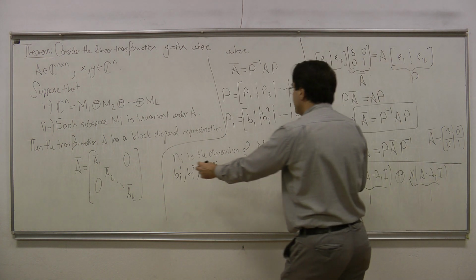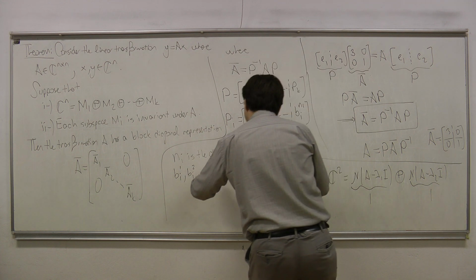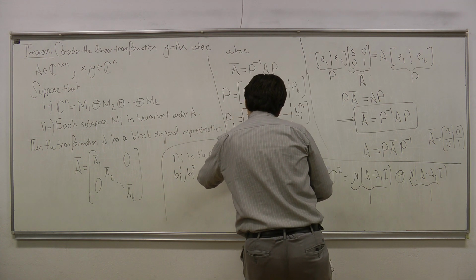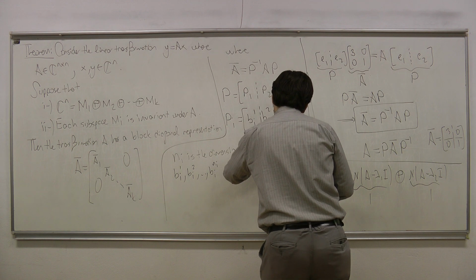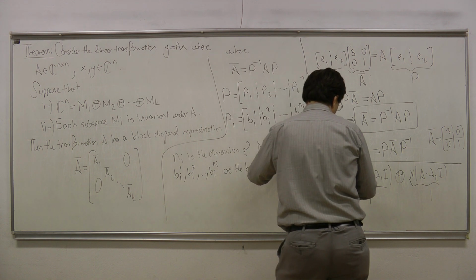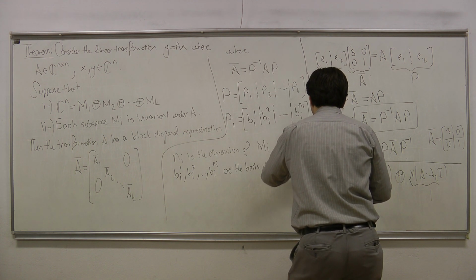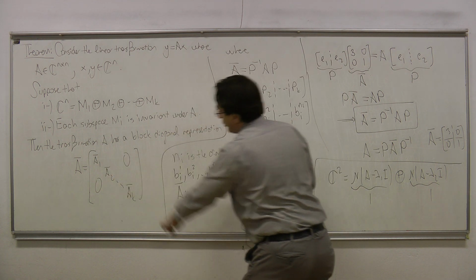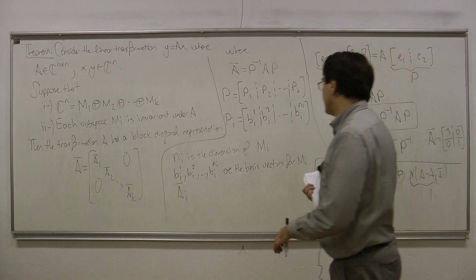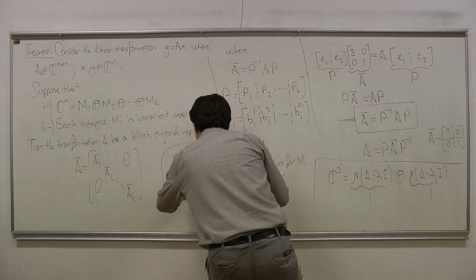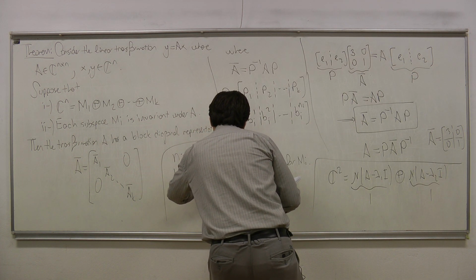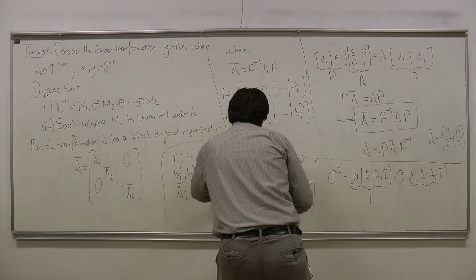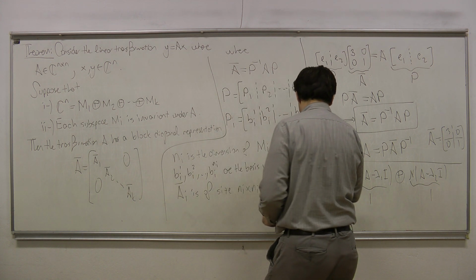These bi vectors are the basis vectors for Mi. And finally, these Ai bars, these blocks, are of size Ni by Ni.